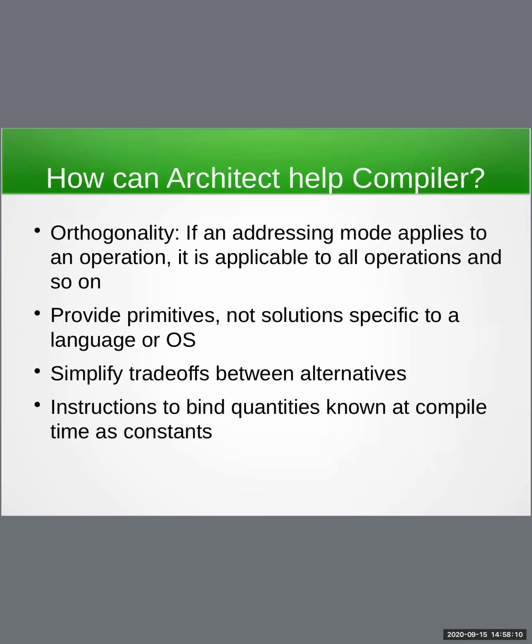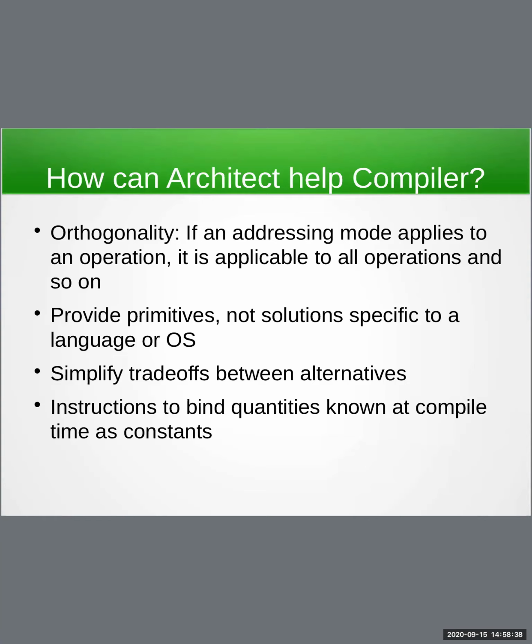Then this is a more complex thing which I sort of don't want to talk too much about, because even the book doesn't clearly give much about it. Simplify trade-offs between alternatives. Basically, there may be many different ways of doing the right thing.